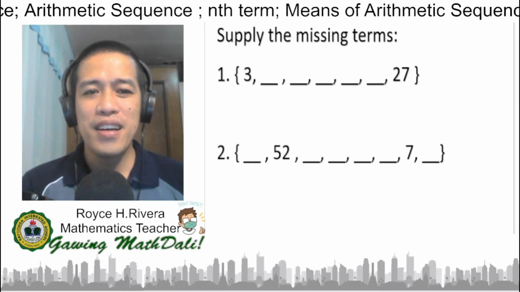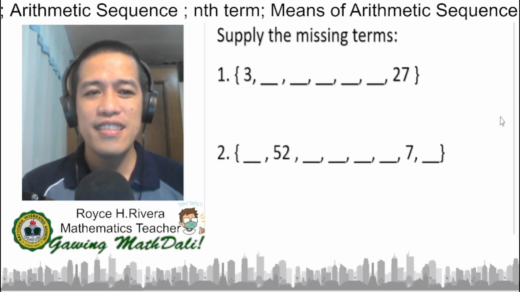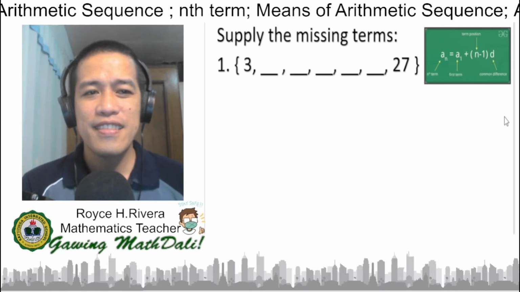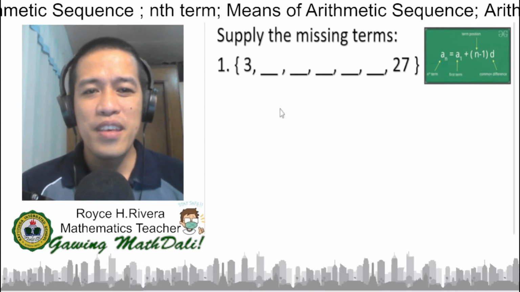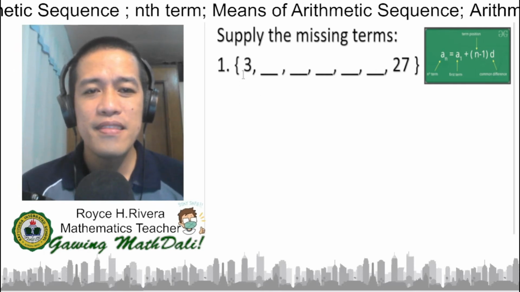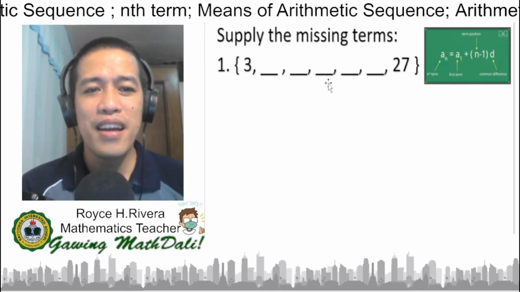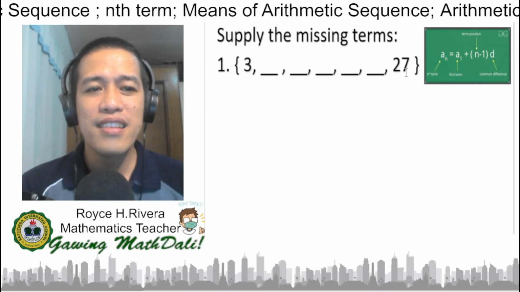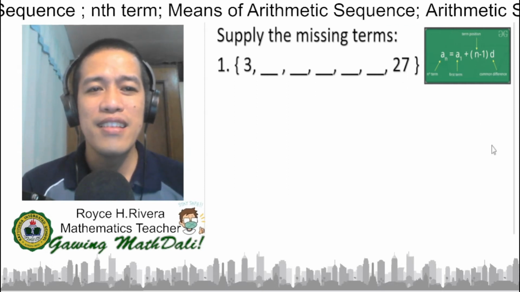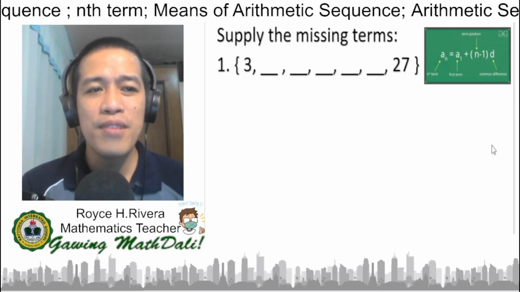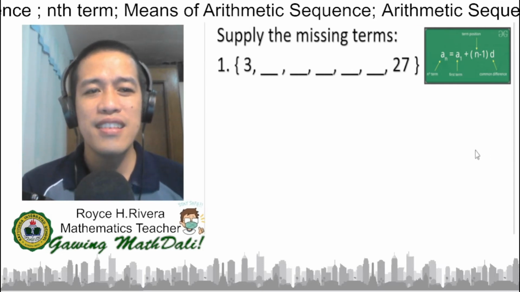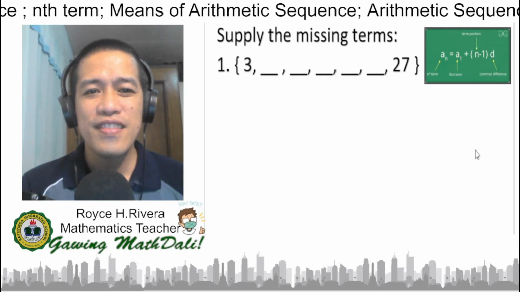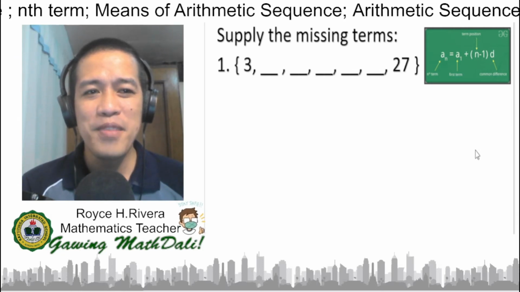For number 1, the arithmetic sequence 3, then 5 arithmetic means, the last term is 27. We will use the formula for getting the nth term of an arithmetic sequence. Ready na? Makinig mabuti.